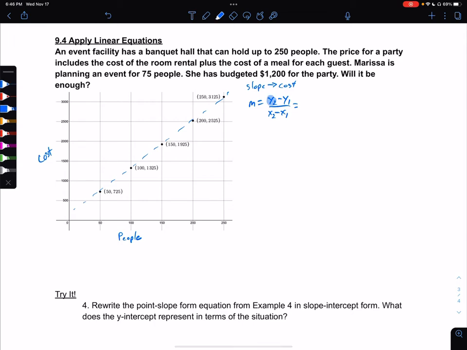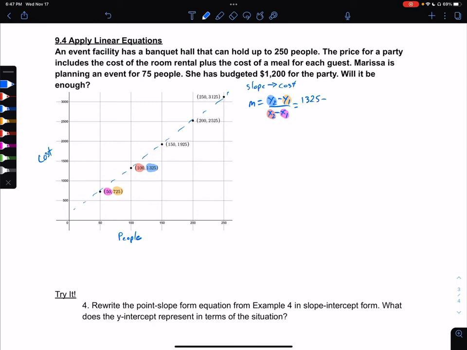So the y2 value, I'm going to pull from right here. The y1 value, I will pull from here. x2 and x1. You could use any of the other points, but I'm just going to pick the first 2 points. There's really no specific reason I'm choosing those, other than that they're the smallest numbers.